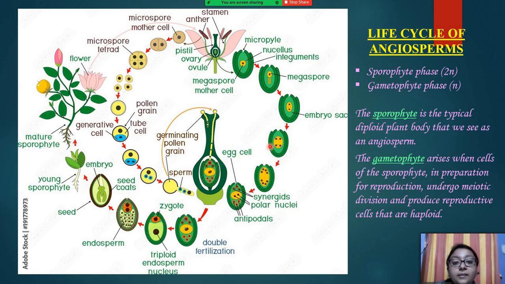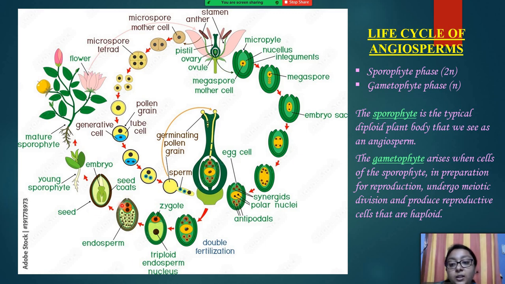Inside this embryo sac there are different kinds of cells: the egg cell, the synergids, the antipodals, and 2 polar nuclei. All these are present here, and then the pollen tube is coming from here and reaching through the micropyle. Ultimately double fertilization will happen, a triploid endosperm nucleus will be there, the endosperm divides and multiplies itself, and the seed is formed.